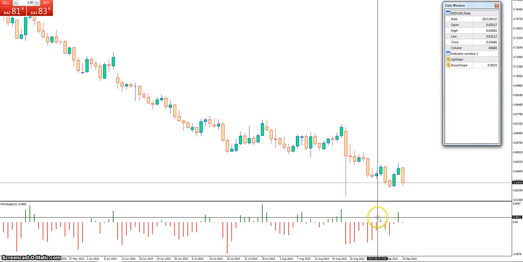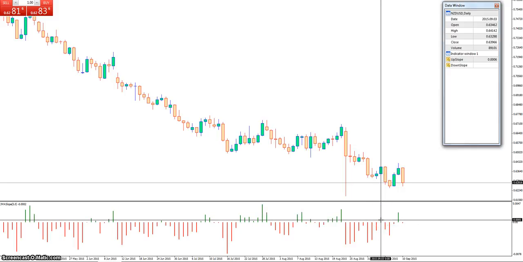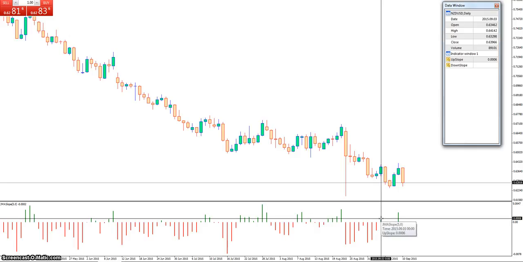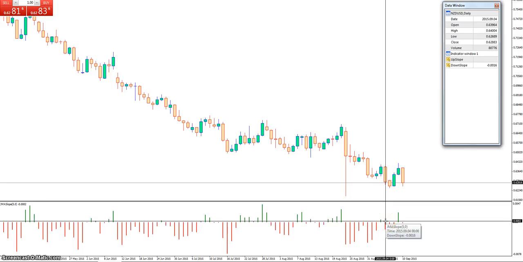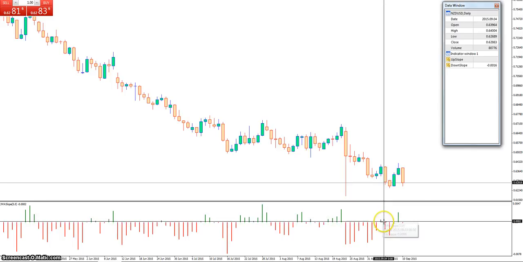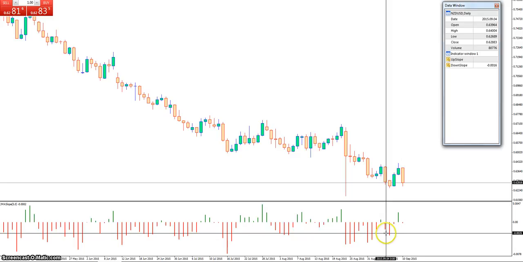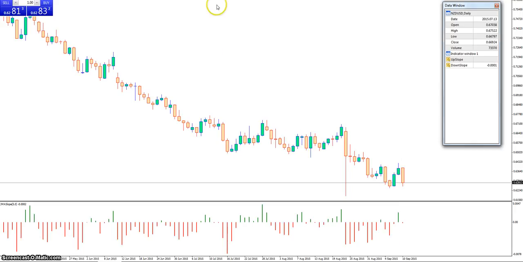And here on this bar, on this day, we have a peak here. So this green bar here, which was higher than the previous high and which was also higher than the next bar, was a peak. And then the next peak was on this date, but there was no divergence present here.